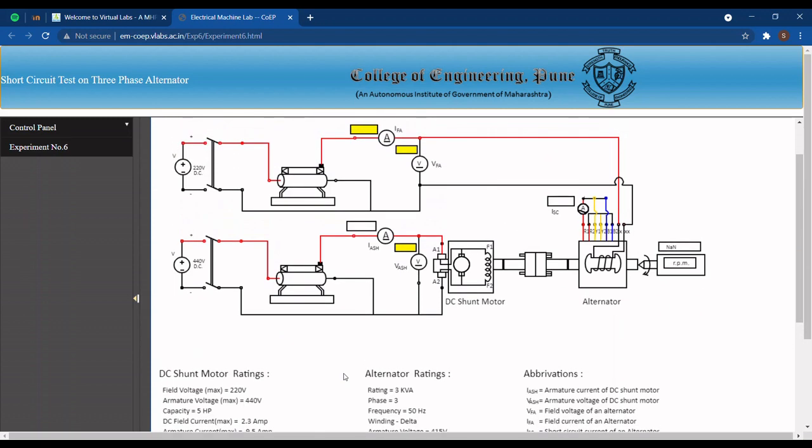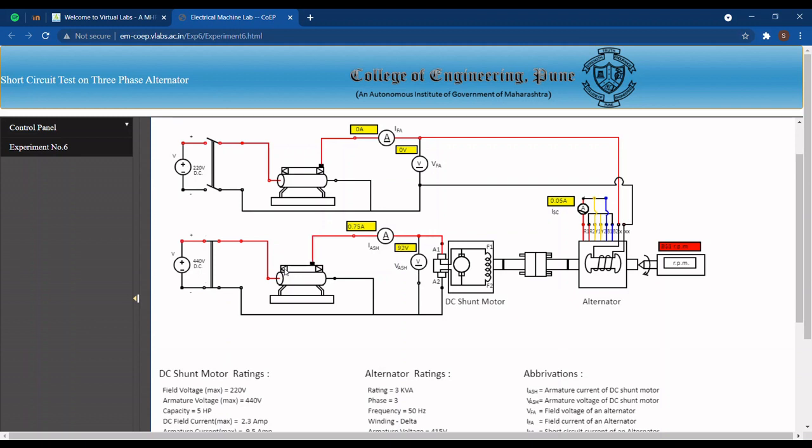Now let us begin with the experiment. Close the DPST switch to give supply to the prime mover, that is the DC shunt motor. Gradually increase the voltage across the DC shunt motor till the alternator reaches its rated speed.